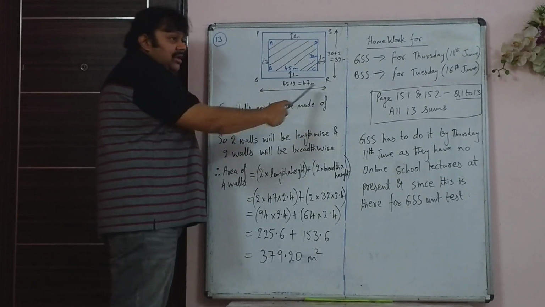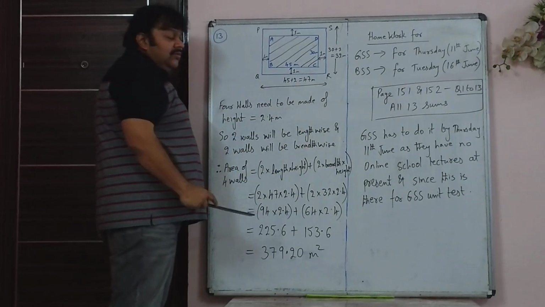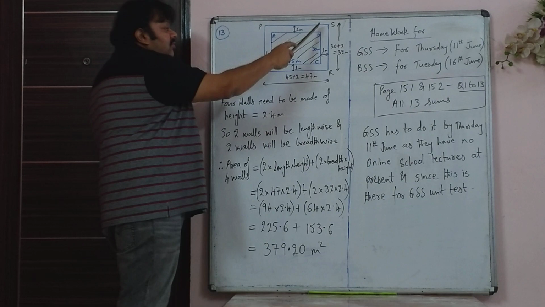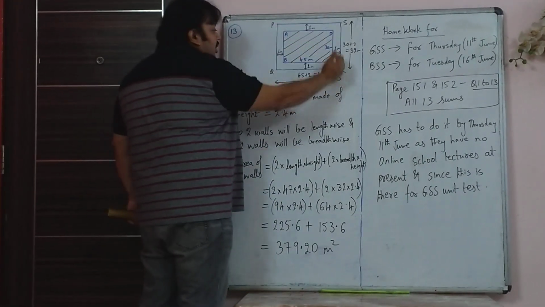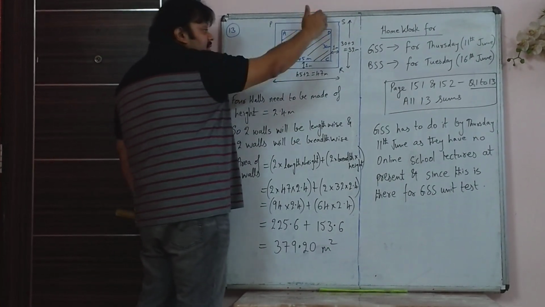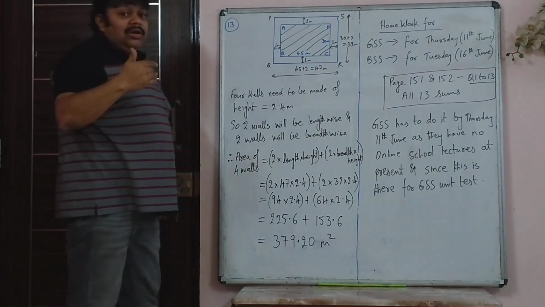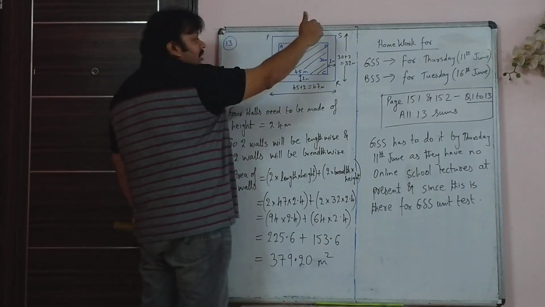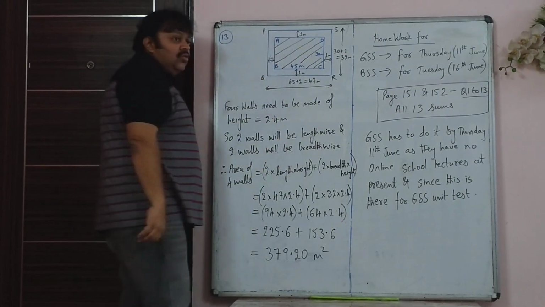Now the outer length will be 45 plus 1, 47. The outer breadth will be 30 plus 1, 32. So there will be 2 walls on this and this, that is having length 32 and height 2.4 meter, because each wall is of height 2.4 meter. And there will be 2 walls on QR and the PS where the length is 47 and height is 2.4.